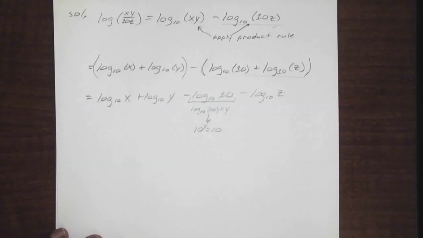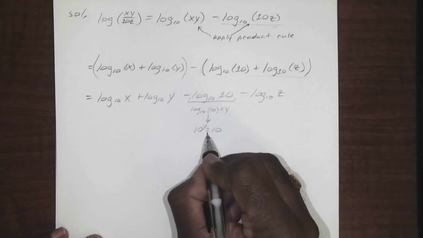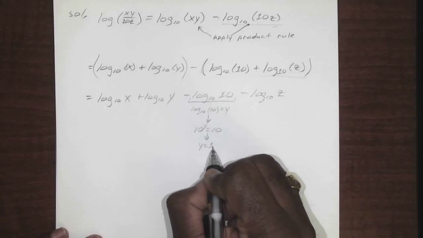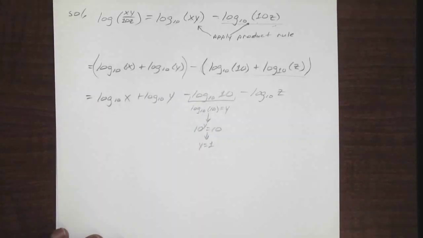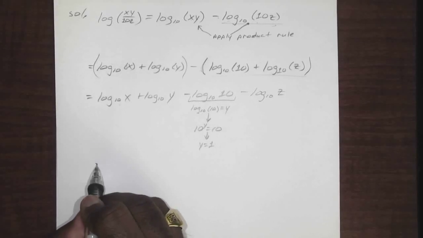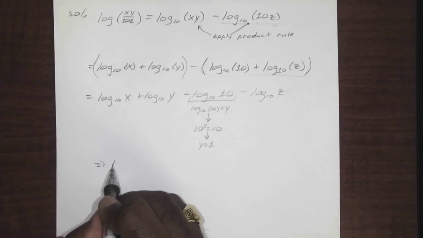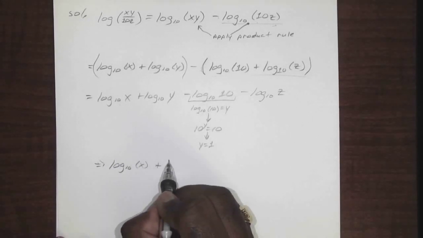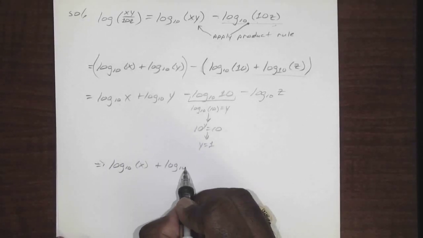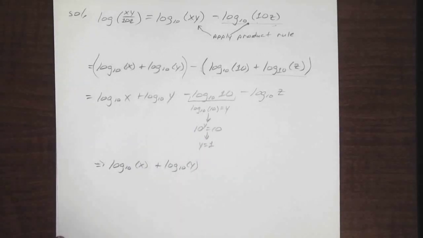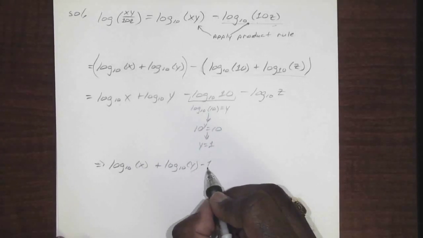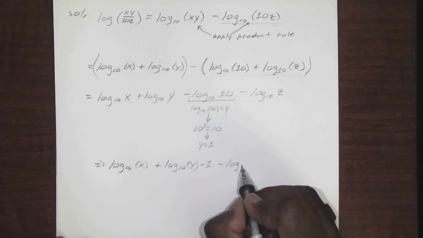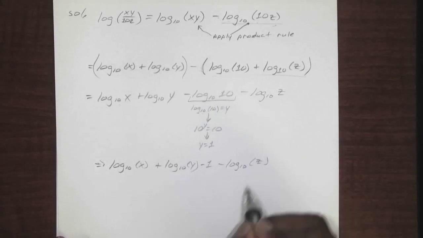And the only way that's true is if y is equal to 1. Okay, so this term just becomes 1. So that gives us log base 10 of x plus log base 10 of y minus 1 minus log base 10 of z.